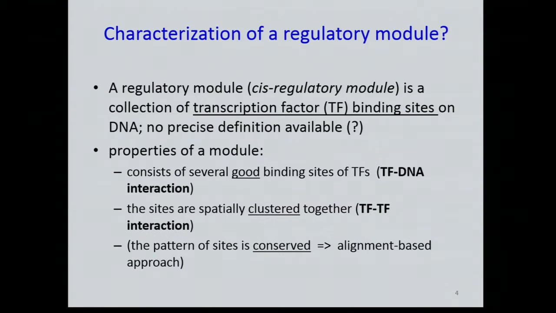And then they are supposed to be evolutionarily conserved, which would lead to an alignment-based approach for predicting such regulatory modules. But I'm not speaking today on this alignment-based approach, but on direct learning from sequences without comparison between species.